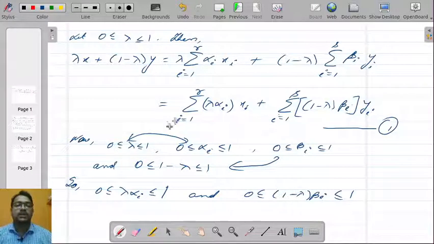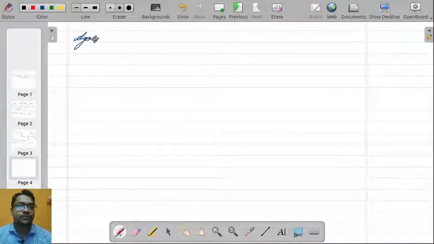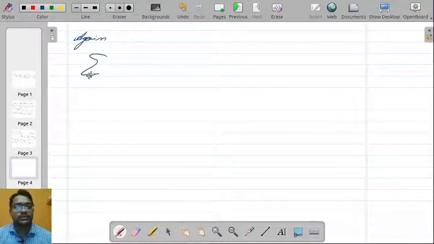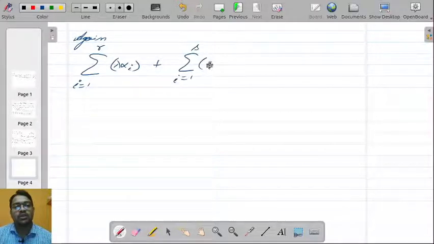Now I have to show that the sum of the scalars is 1. So again, what is the sum of the scalars? Summation i goes from 1 to r lambda alpha i, plus summation i goes from 1 to s of 1 minus lambda into beta i.